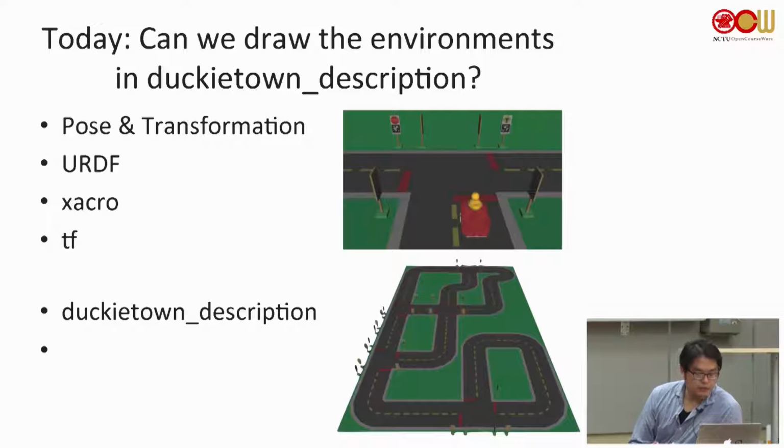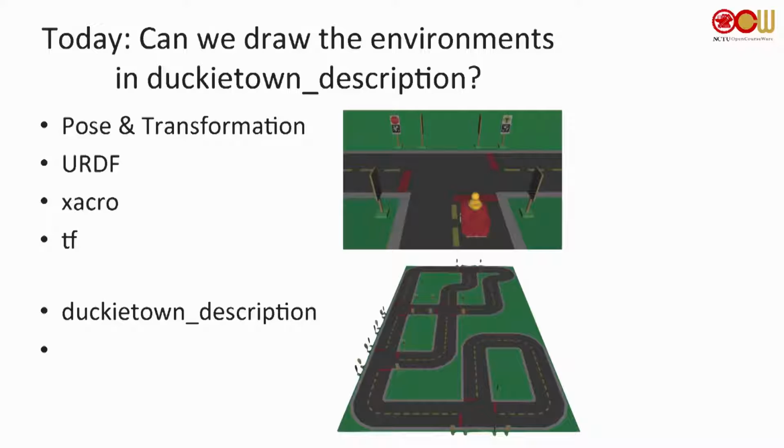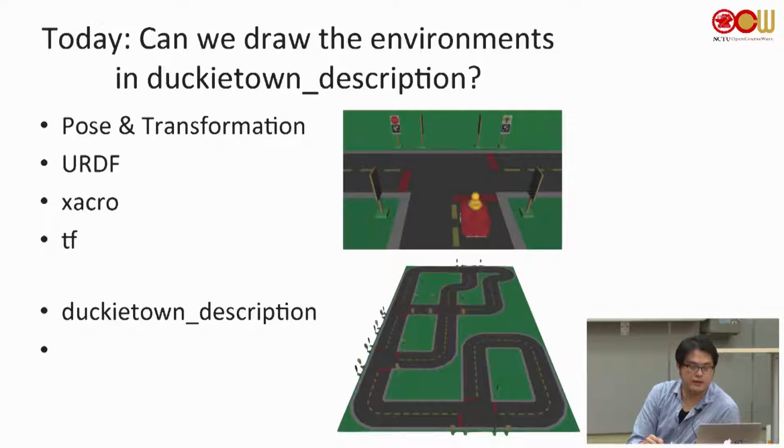We will also introduce some packages like TF. Essentially, it's a transformation package. You have seen the Duckietown description, so that's also a package already in the repo that can draw this map. This will be the first part of the lecture.